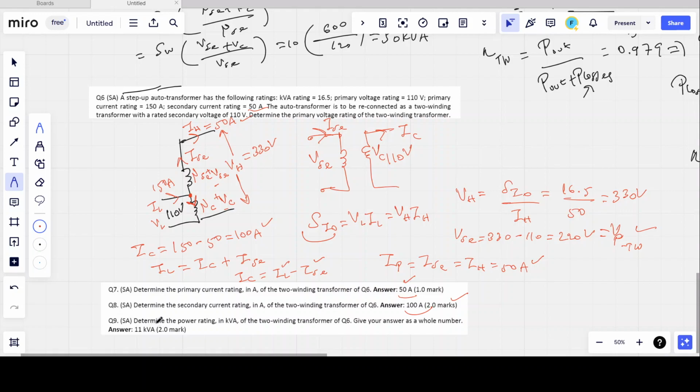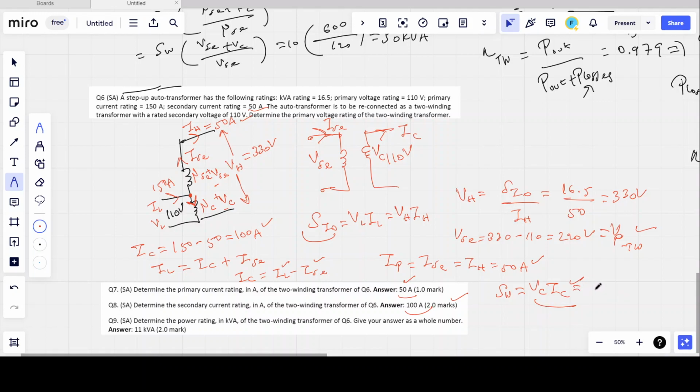Then we have to determine the power rating in kVA of the two winding. So the power rating of the two winding is SW. So how do we find SW? SW is nothing but VC times IC. So this is a way to find SW. SW is equal to VC times IC, and we have seen this before.